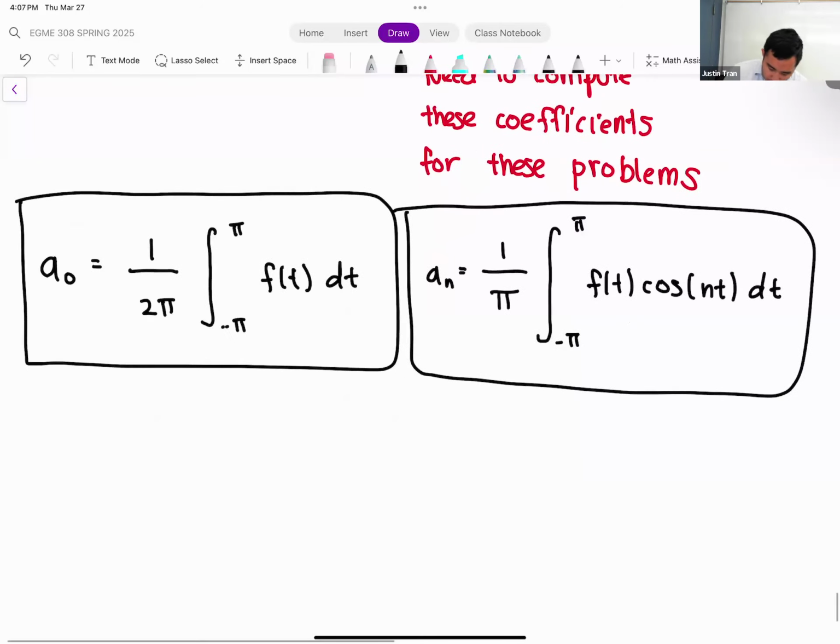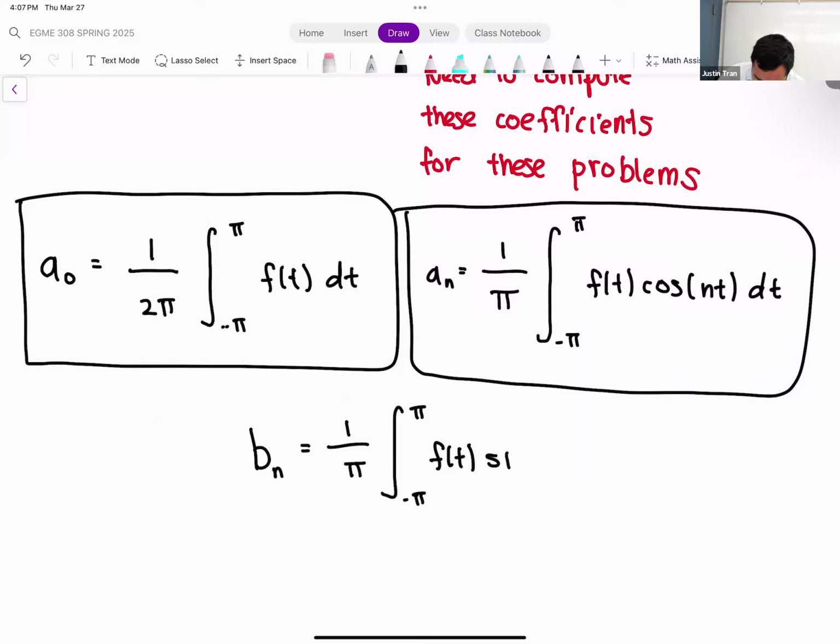And then finally, we have the b_n coefficients. b sub n here is equal to 1 over pi times the integral from minus pi to pi of f of t sine of nt dt.